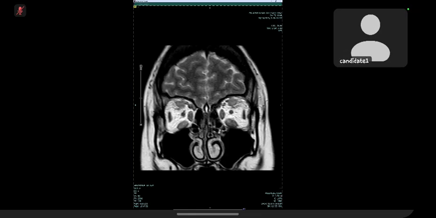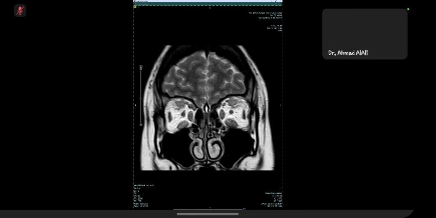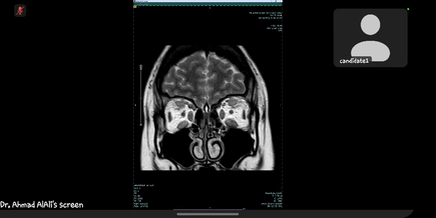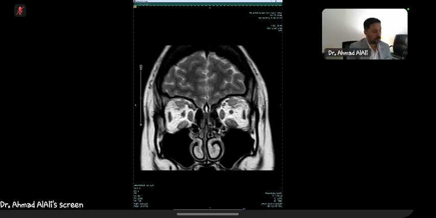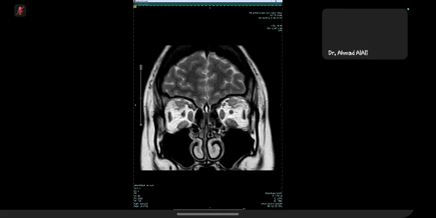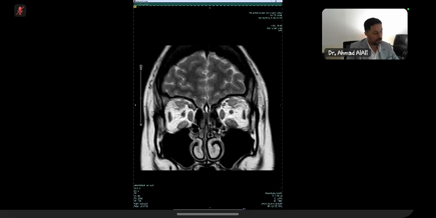What do you think about the extraocular muscles here? They look slightly bulky. Which ones? The inferior rectus is more bulky, then the medial rectus and superior rectus, and the lateral rectus is less bulky, let's say spared.